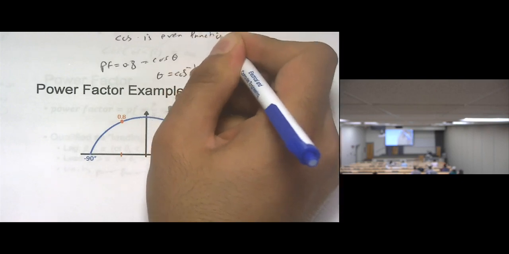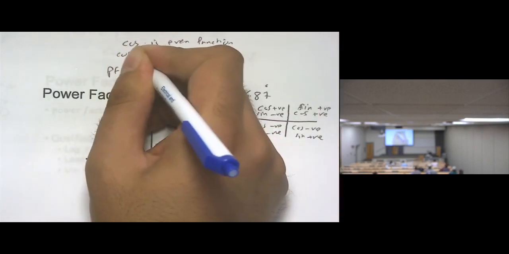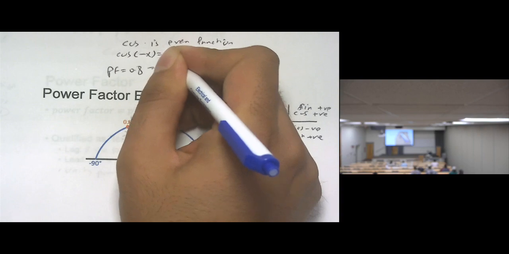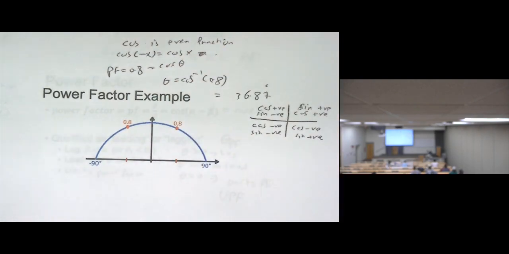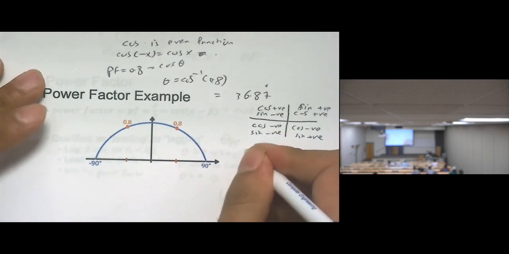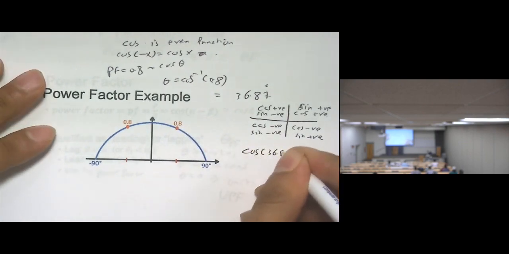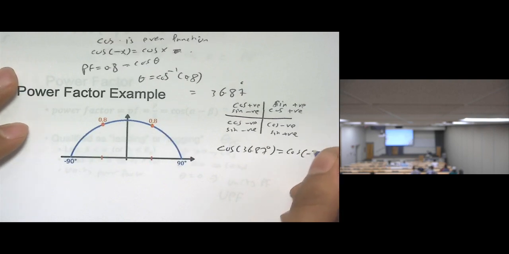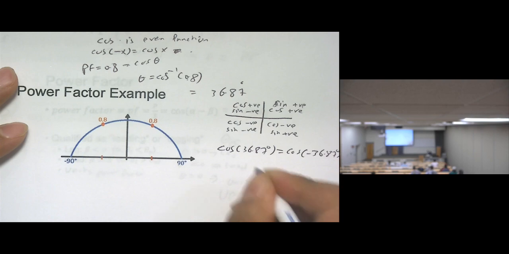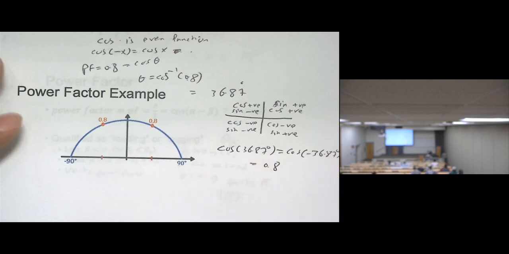What do I mean by even function? When I say cosine of negative x equals cosine of x. So in other words, cosine of 36.87 degrees is the same as cosine of negative 36.87 degrees, which will be 0.8. When you substitute these two values, they should give 0.8. So when I take the cosine inverse, I have two values.